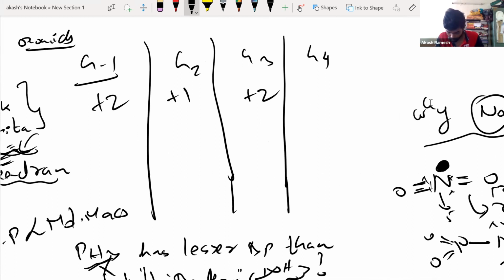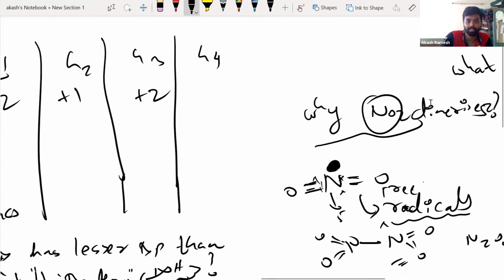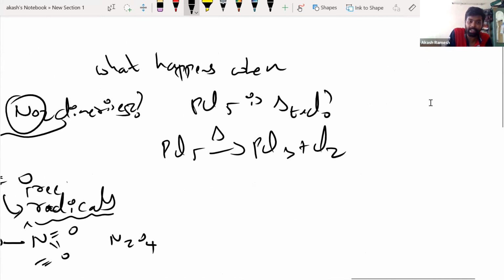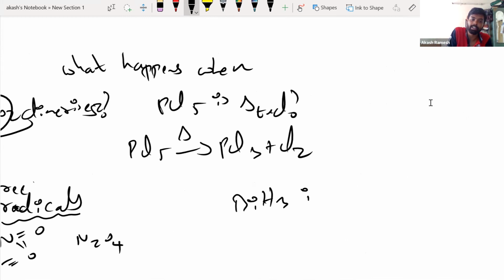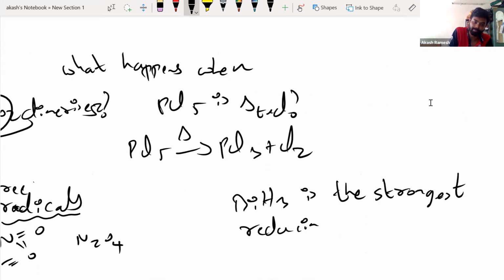Okay, next question to group 4. Right. The question is: BiH3 is the strongest reducing agent among group 15 hydrides.